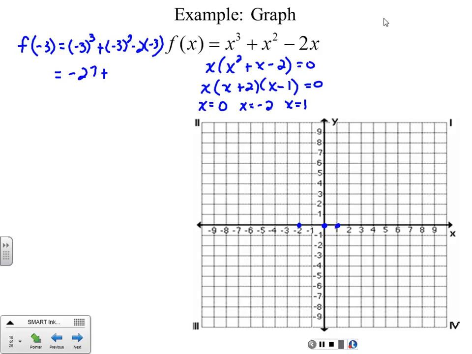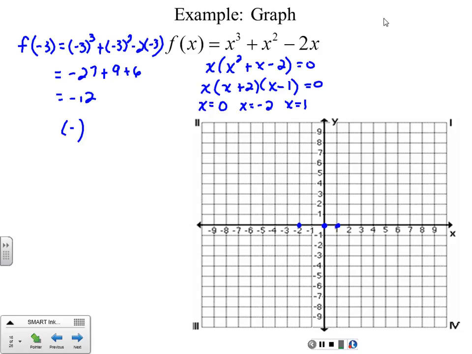And then -3 squared is going to be 9. And then this is going to be 6. So if I put all that together, what am I going to get? But the point is that it's a negative number, right? Not a -1, just a negative number.